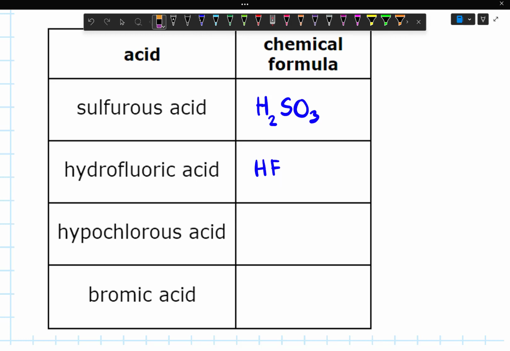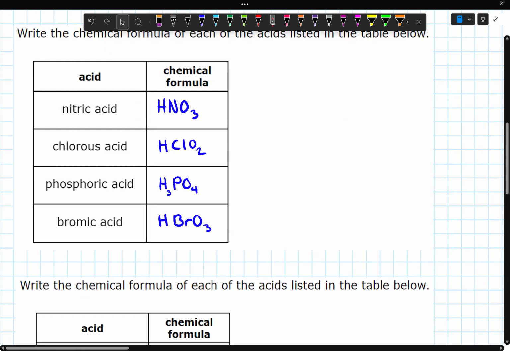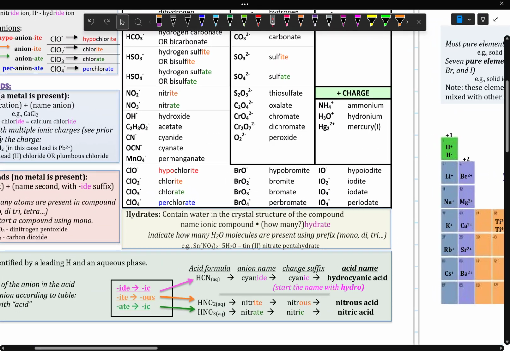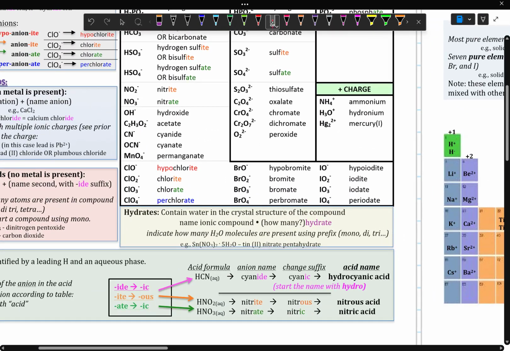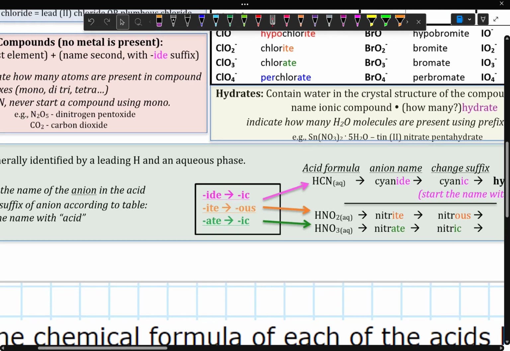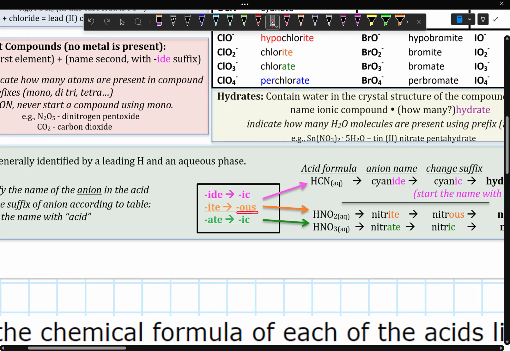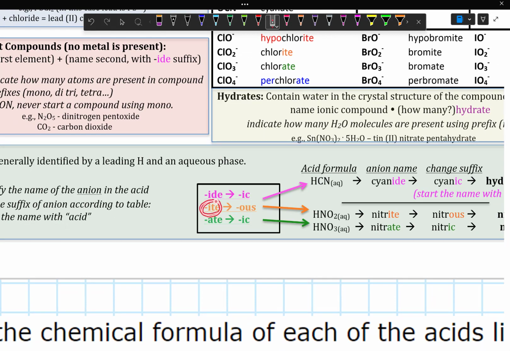Moving on to the next one, we have hypochlorous. So we're going to be dealing with an OUS again. And we have this hypo prefix here. So if we check up here, first of all, we have an OUS suffix. We know we're going to have an ITE ion.